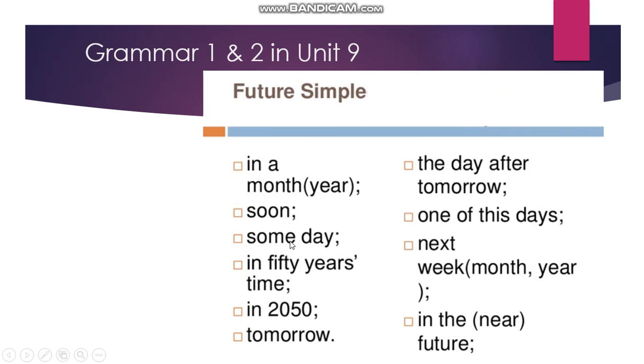Soon, someday, in 50 years, in 2050, tomorrow, the day after tomorrow, one of these days, next week, next month, or next year, in the future, or in the near future.